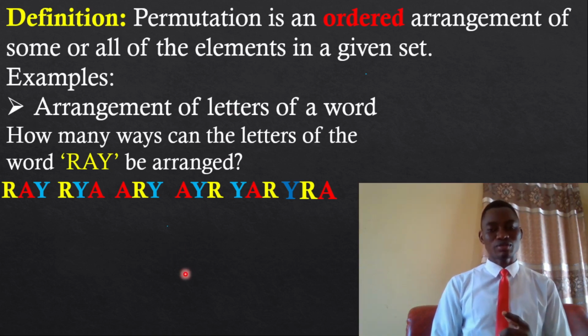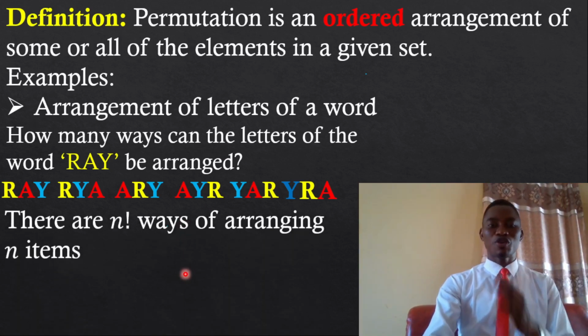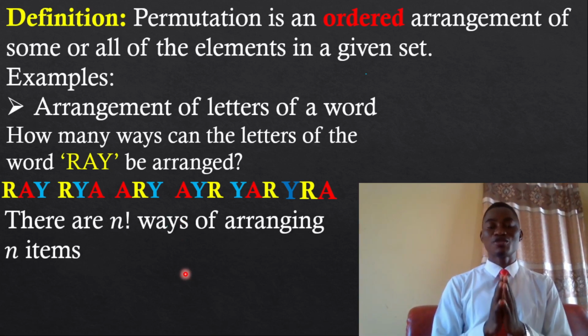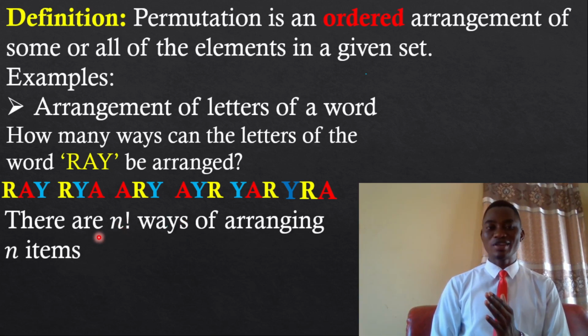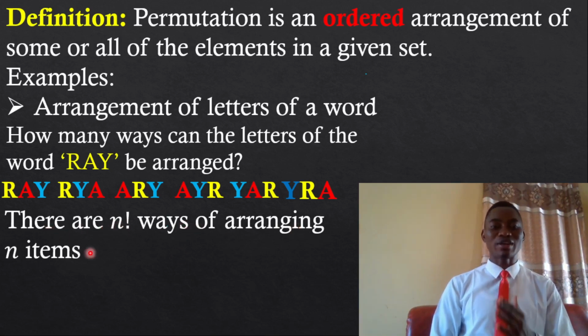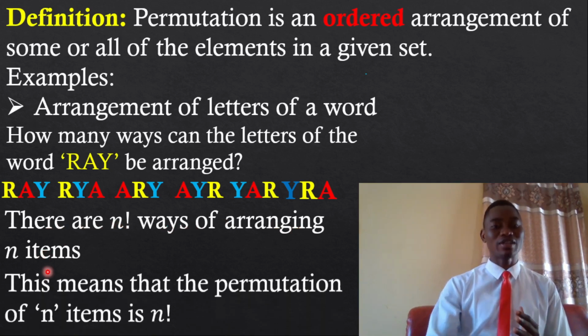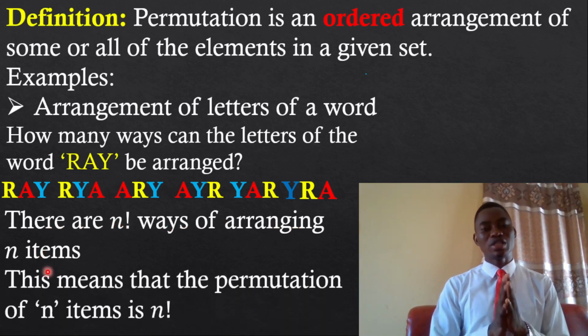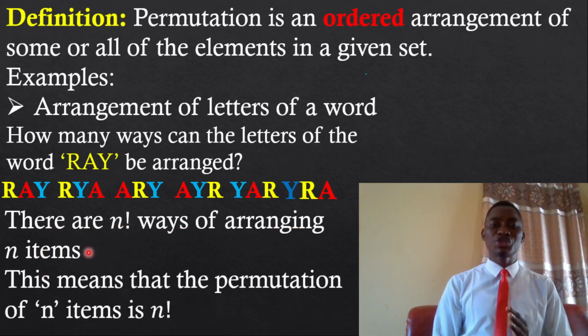formula for that. The formula is n factorial. There are n factorial ways of arranging n items. What this means is that the permutation of n items is n factorial.